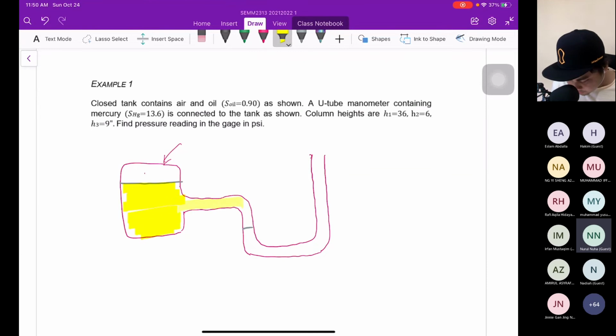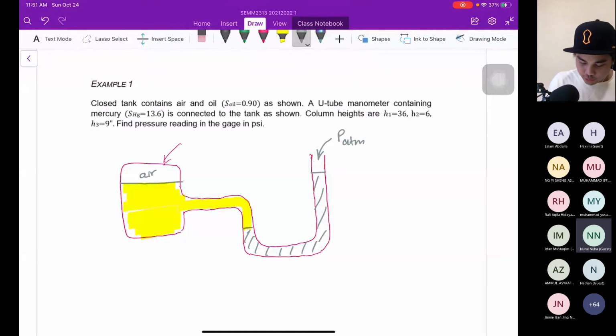This is oil and this is mercury. Hg. So this is air. This is P atm when this is exposed to the air.